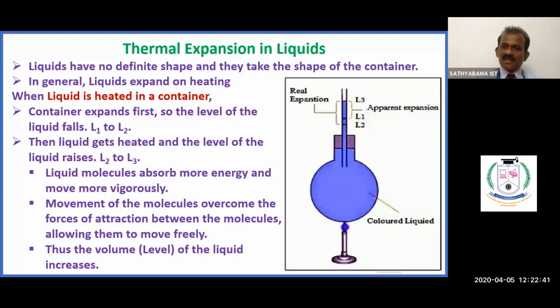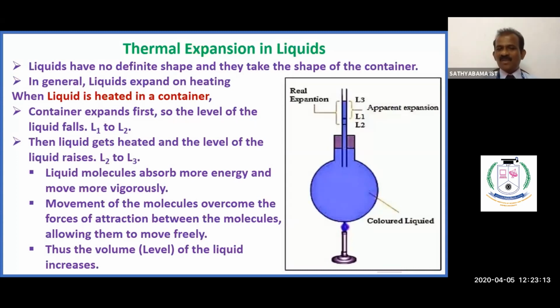After that, heat energy is absorbed by the liquid particles. During this time, liquid molecules absorb more energy and move more vigorously. Reason is the liquid molecules are loosely bound to each other. Therefore, movement of the molecules overcomes the force of attraction between the molecules, allowing them to move freely.